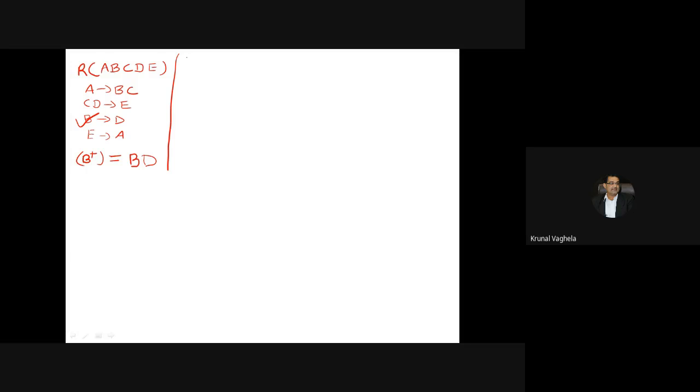There is a relation R with attributes A, B, C, D, E, F, and G. The functional dependencies are A to B, BC to DE, and AEG to G. So this is trivial, right?